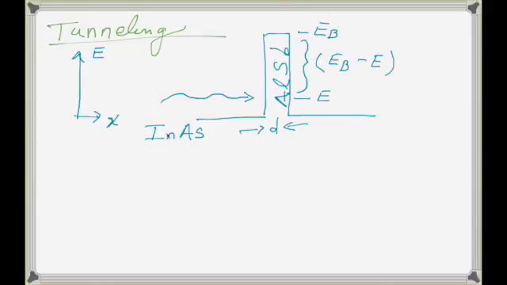It sort of makes sense. If you're very close to the top of the barrier, you ought to tunnel through pretty easily. If you see a really tall barrier, you're not going to go through so easily.